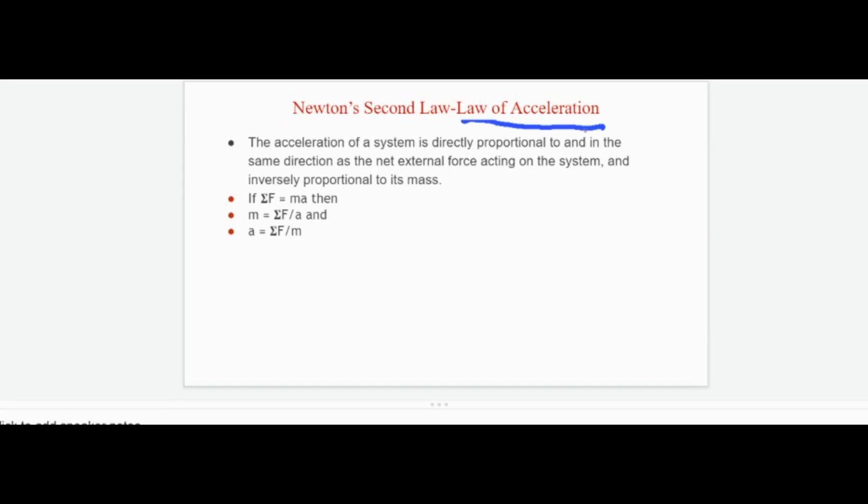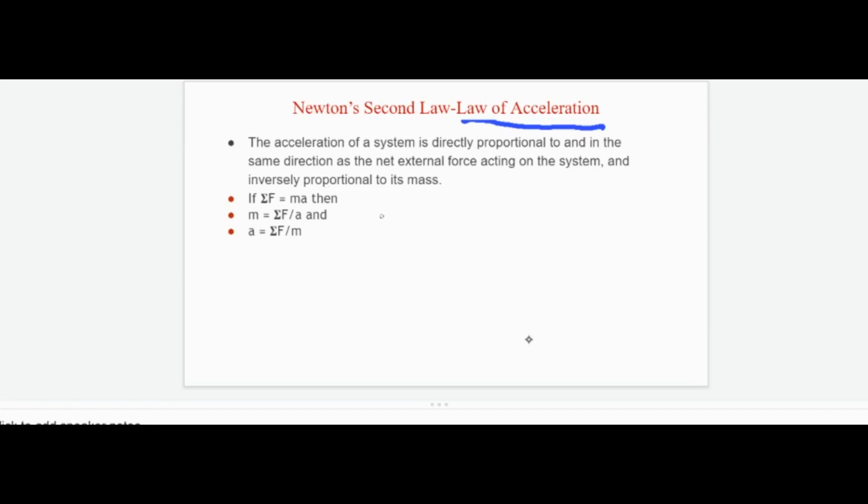According to Newton's second law, the acceleration of a system, so it might involve two or three objects, is directly proportional to and in the same direction as the net external force acting on the system and inversely proportional to its mass. The equation for the law of acceleration is that net force is equal to mass times acceleration.